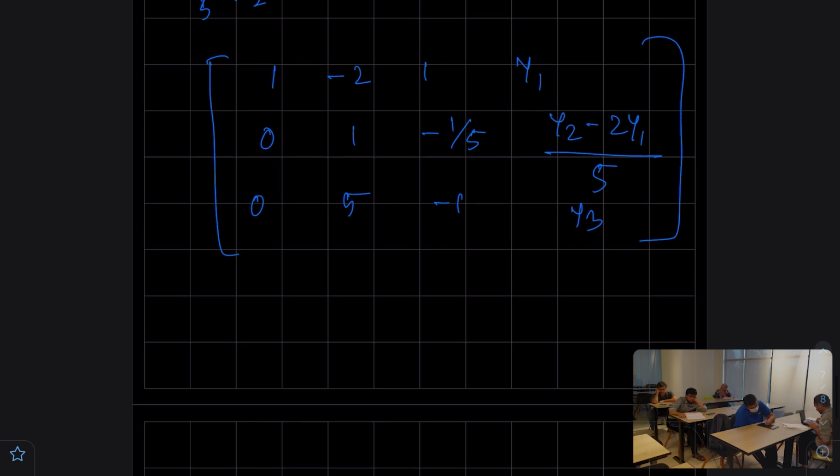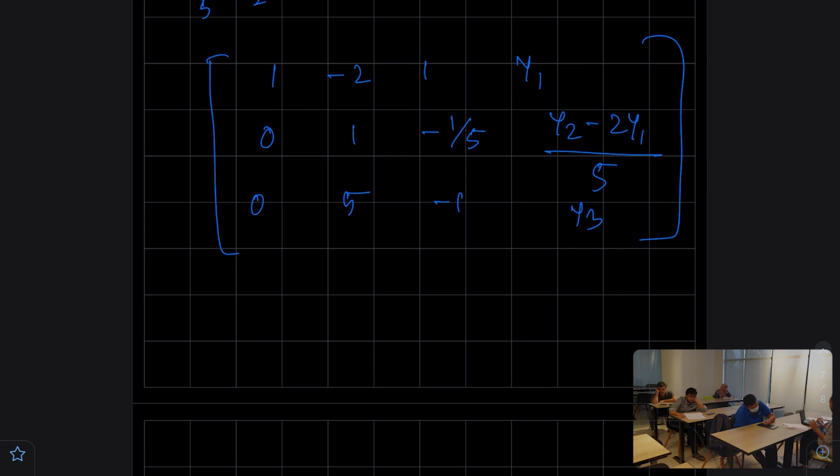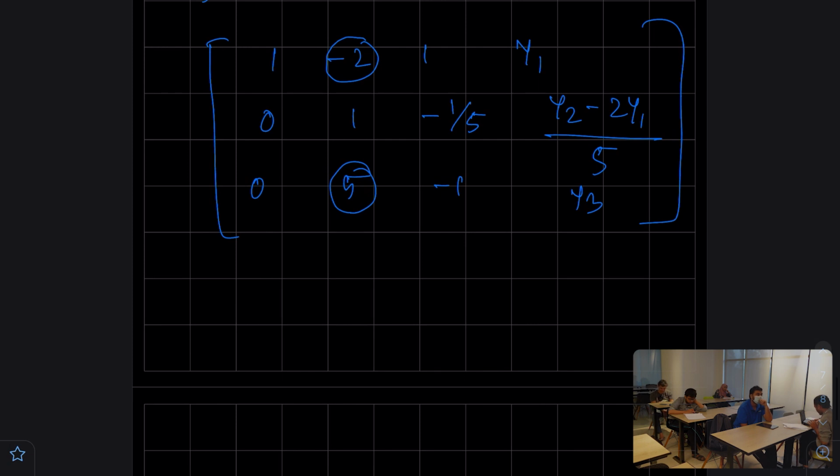Then what will be my next step? I have to make this minus 2 and this 5 zero. So what I can do is multiply 2 with R2 plus R1 equals R1 prime, and minus 5 R2 plus R3 equals R3 prime.